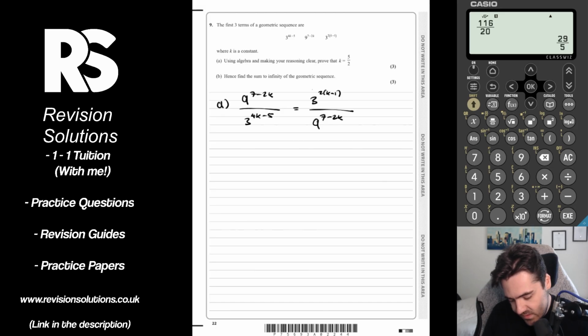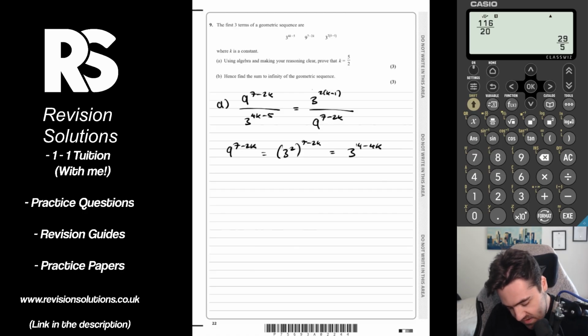And then this will be a lot easier if everything was 3s and we could simplify the power, which is easy to do because 9 is just 3 squared. So let's just take a minute to simplify 9 to the 7 minus 2k. So 9 to the 7 minus 2k is equal to 3 squared to the power of 7 minus 2k, which is 3 to the power of 14 minus 4k.